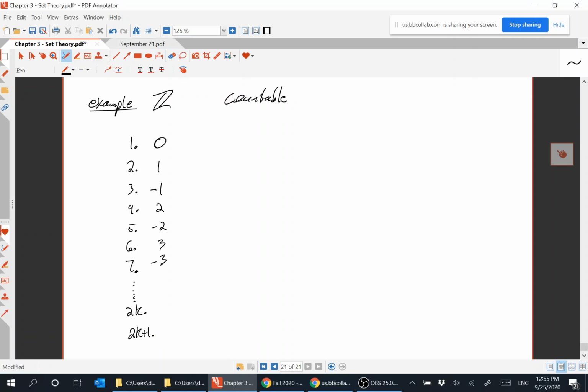So 2k is going to correspond to what in that case? I got 2 corresponding to 1, 4 corresponding to 2, 6 corresponding to 3. So 2k is going to correspond to k, and then 2k plus 1 is going to correspond to negative k.